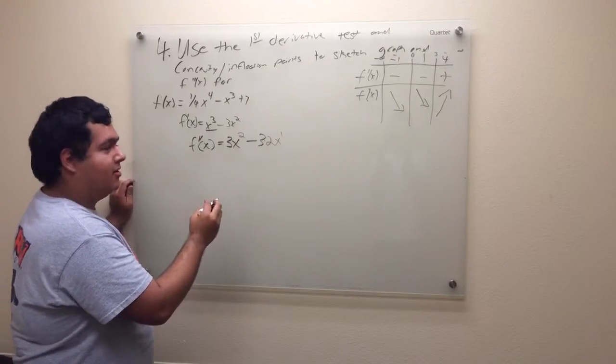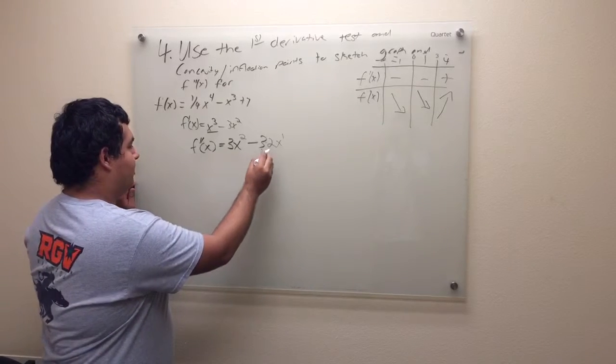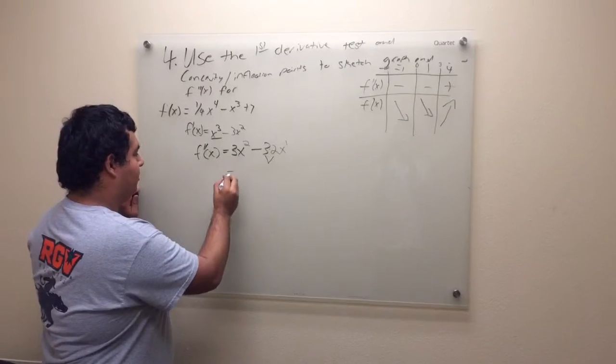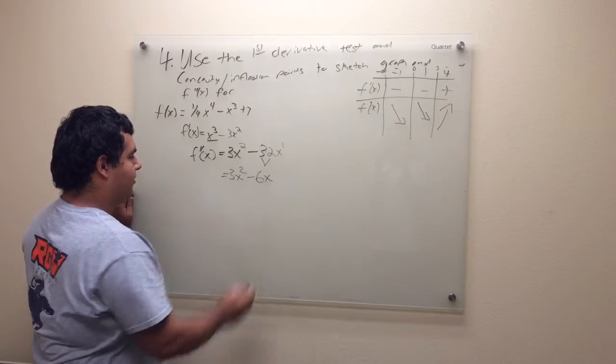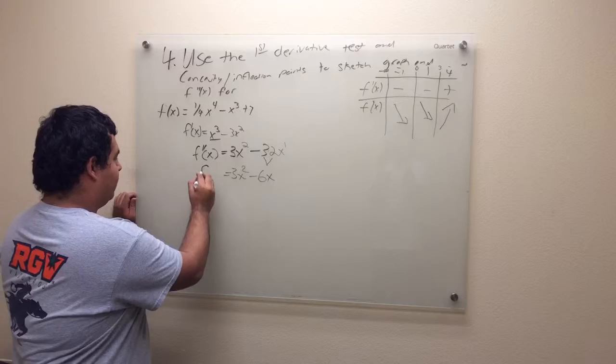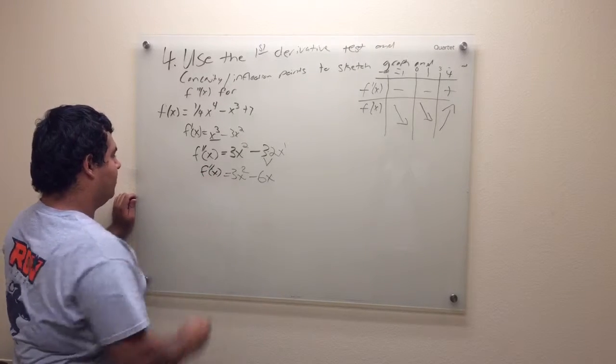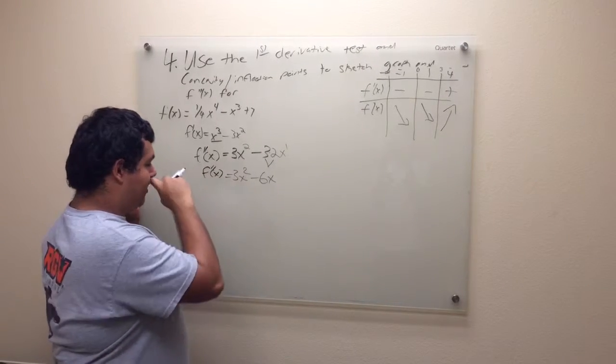We could clean up this function a bit by combining 3 and 2. So to rewrite this part, minus 6 times x. So that would be f double prime, the second derivative.